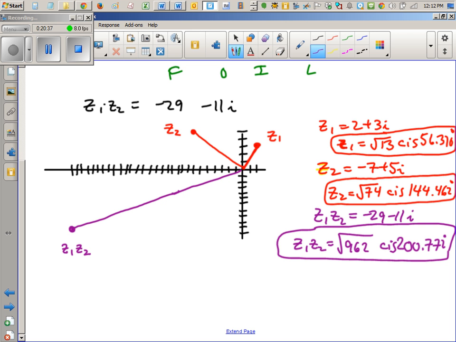We were doing a multiplication problem, remember? Interesting. Look at the moduli. Root 13, root 74, root 962. Isn't this just the product of these two? So the modulus is the product. The argument is the sum. Very cool. Tomorrow we'll talk more about that and where it took De Moivre. Okay?